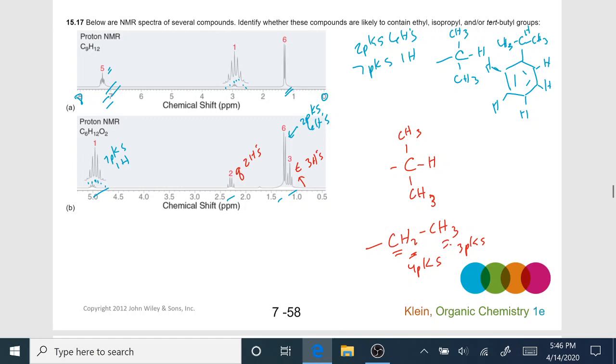Let's look at our molecular formula here, C6H12O2, and let's see if we can deduce the structure of this molecule. So we've got 3 carbons in our isopropyl group, and we've also got 7 hydrogens. We've got 2 carbons and 5 hydrogens in our ethyl group.